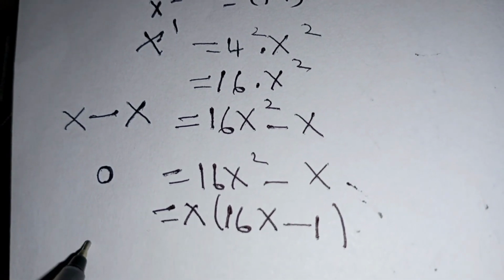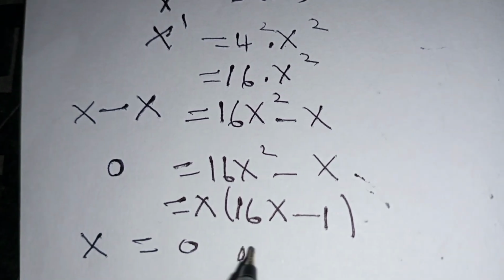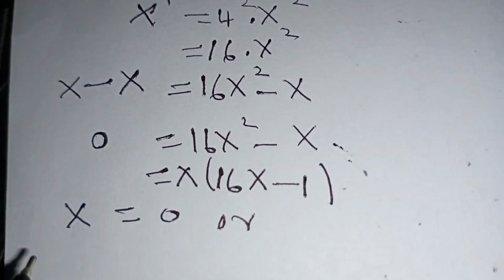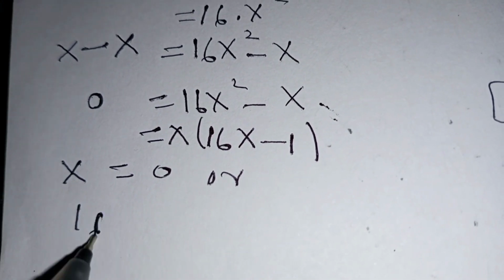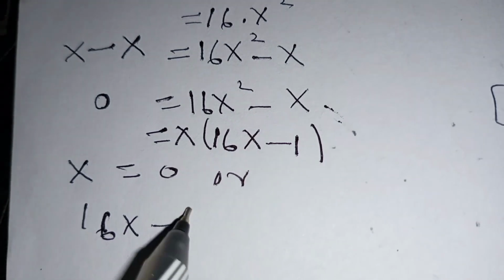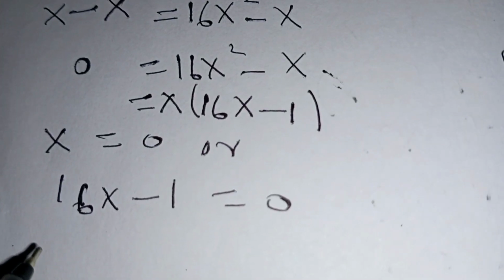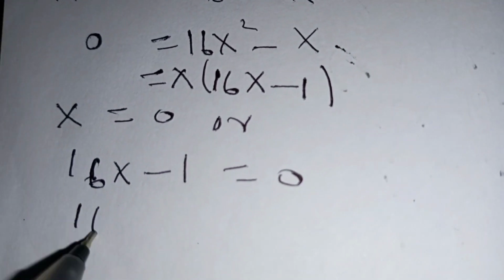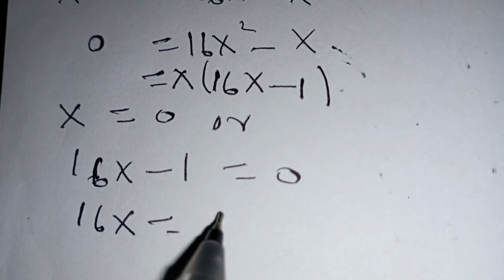This implies that x is equal to 0 or 16x minus 1 is equal to 0. Meaning that 16x is the same as 1.